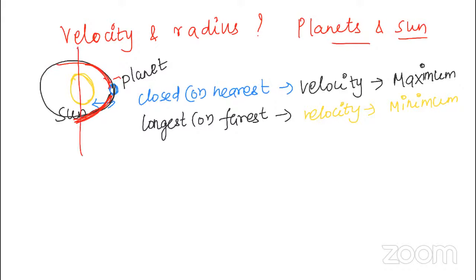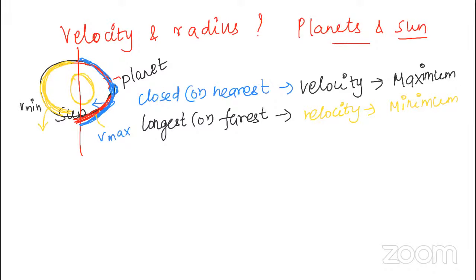For our consideration, in the blue part we can expect the maximum velocity. In the opposite part, it will move much slower. So from the blue part we can expect the velocity to be maximum, and for the yellow part, the velocity will be minimum. So V is maximum here and V is minimum here.